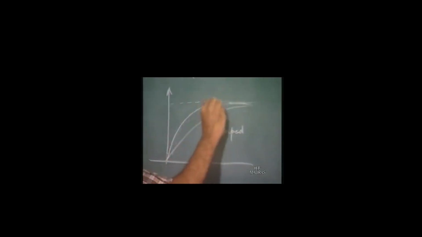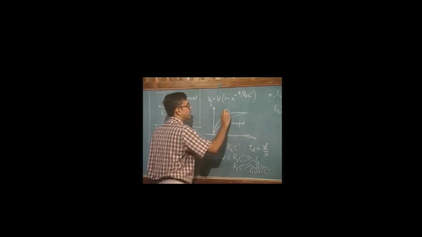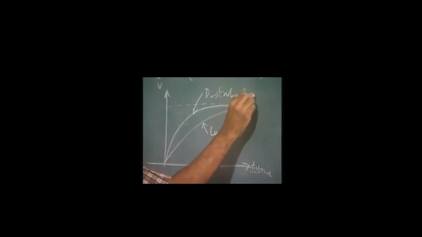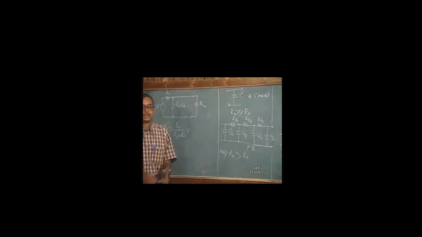If you take a distributed value, it goes like this. So this is voltage versus time. So this is distributed. This gives a more accurate representation, and the lumped representation gives higher delays than what is to be expected normally. So this is called the 3-section pi model or the P3 model, and this can be used for this situation.